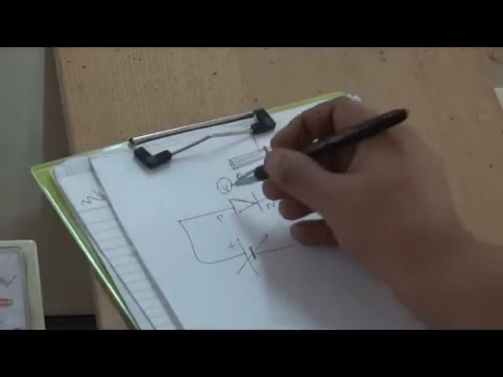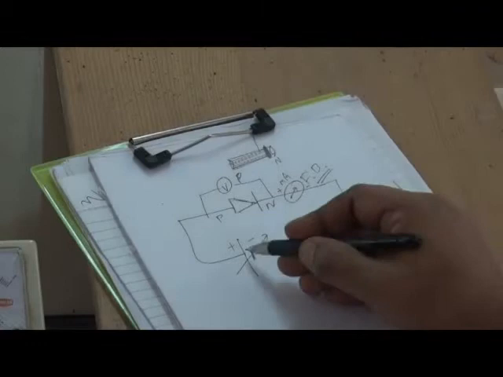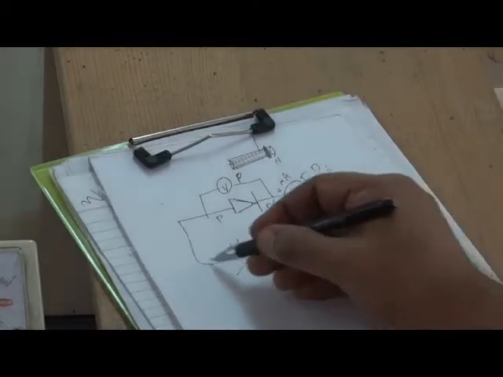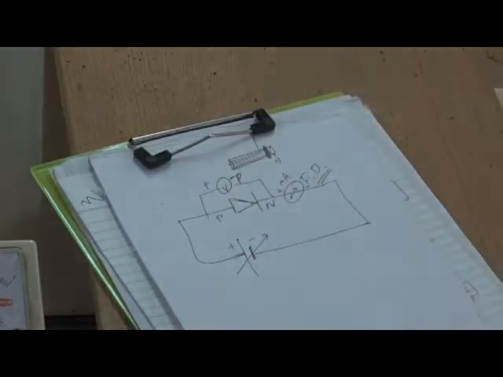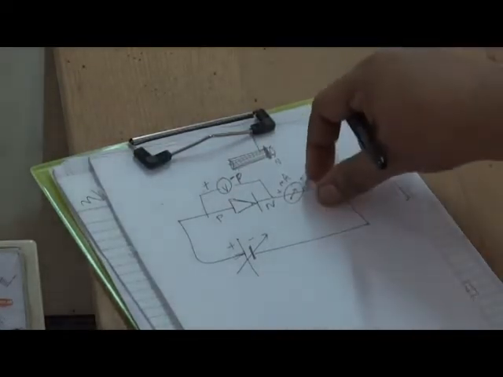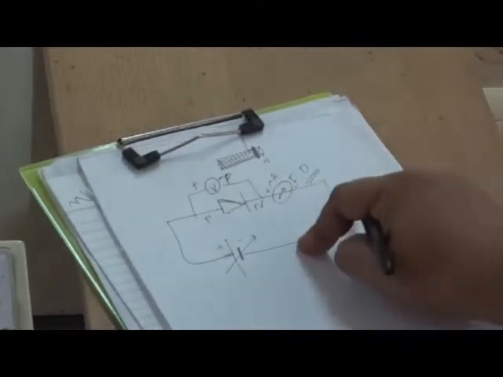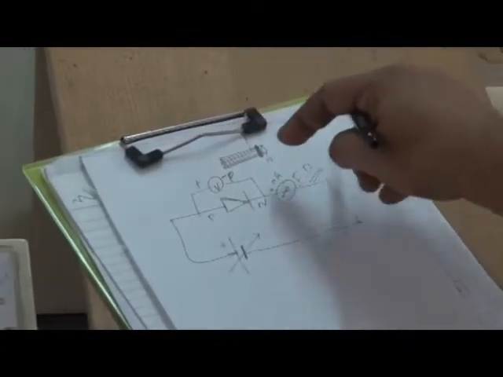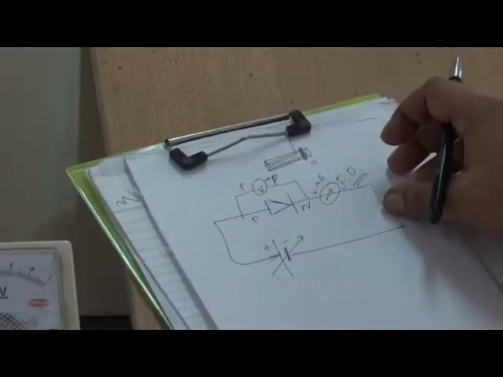So take the voltmeter, connect it in parallel. Again plus and minus will come. Since this side is plus, the nearest side is plus, the opposite side is minus. So connecting an ammeter and a voltmeter across this diode in this circuit will give you the voltage-current characteristics of this diode when it is forward biased.